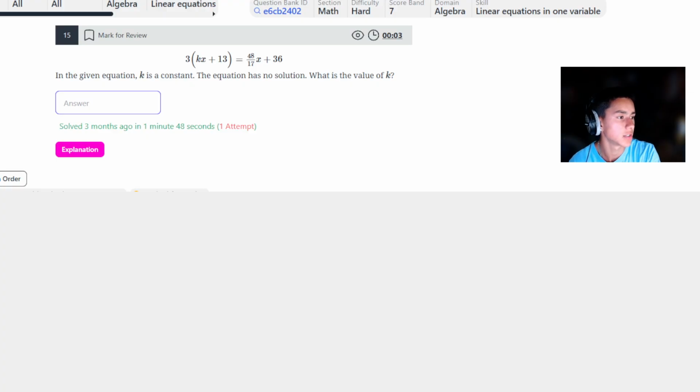Given equation, k is a constant, the equation has no solution. Alright, in no solutions, the slope has to be the same, and the y-intercept cannot be the same. So that means if we distribute this, we get 3kx plus 39 equals 48 over 17 x plus 36. We don't have to pay attention to this constant. They're already different.